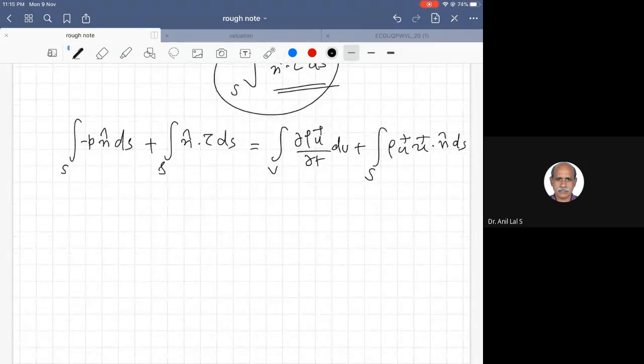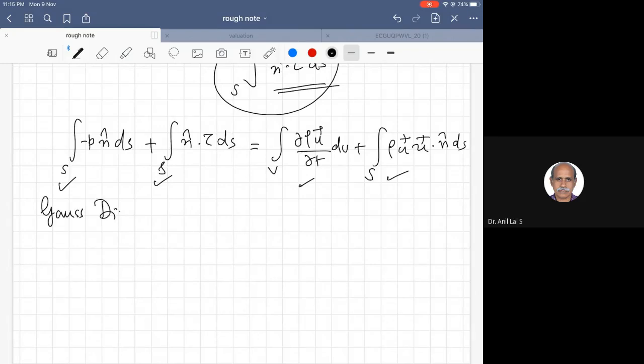Now we have to do some manipulation. There are three surface integrals. We convert the surface integrals also into volume integrals, so that the entire equation is in volume integrals. For that we use the Gauss divergence theorem.